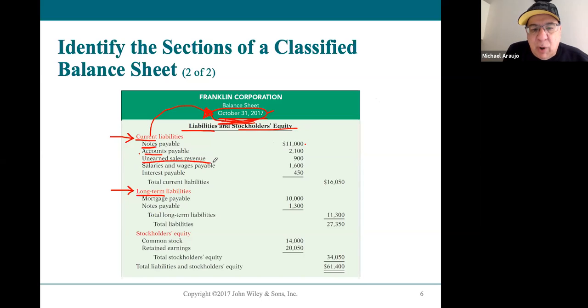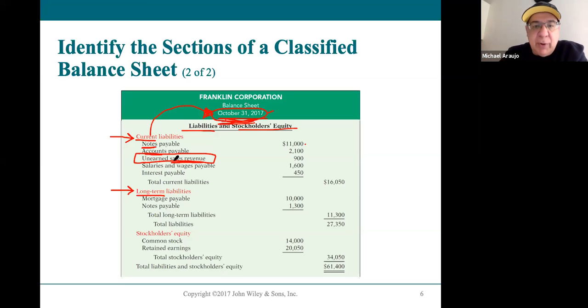A very, very important liability, as you know, is unearned sales revenue. Now, this is sales. The word sales revenue means we're selling a product. We're selling physical goods. Whereas service revenue, which we see at Sierra Corporation, is basically providing a service.